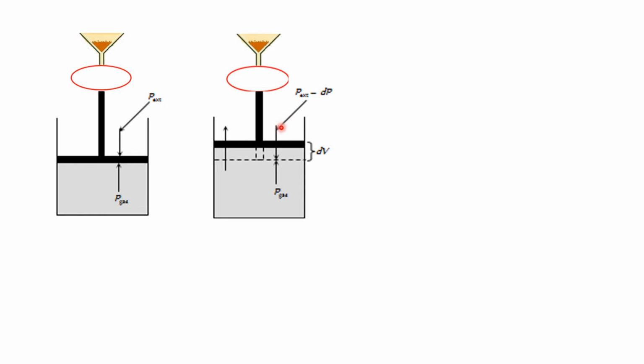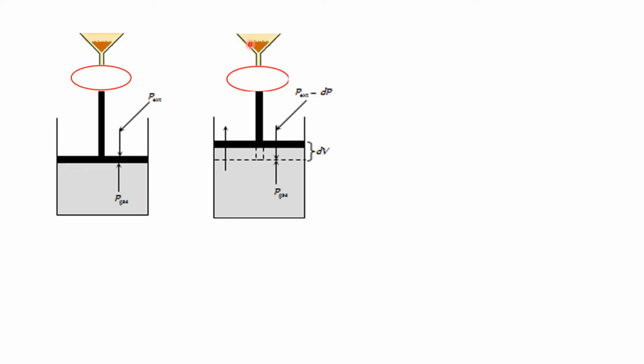As this external pressure is decreased a little, the gas pressure will be a little more than the external pressure, so it will move the piston through a small distance, say dV. So it has come here, a very small distance.